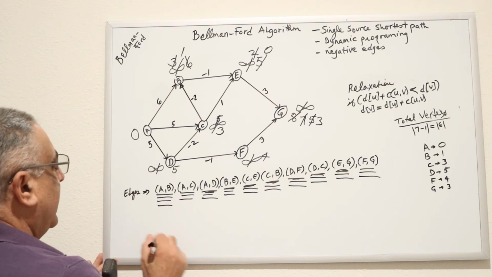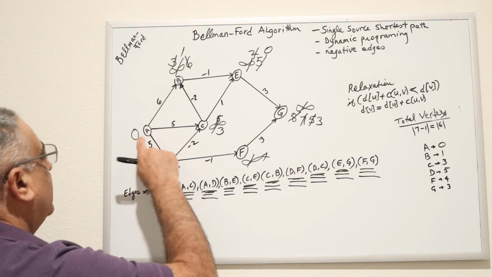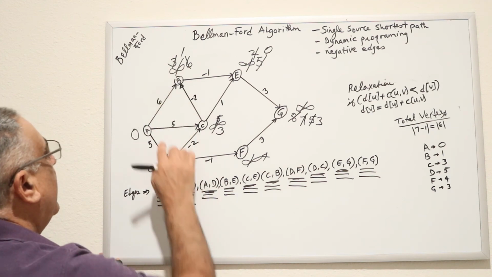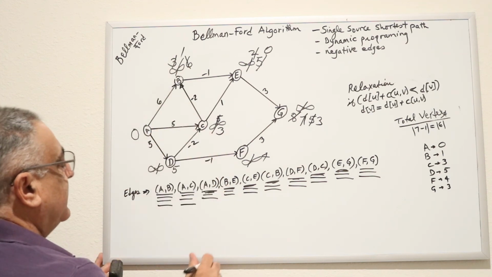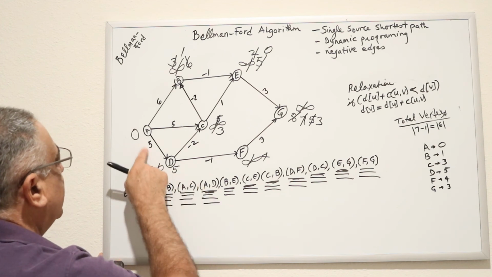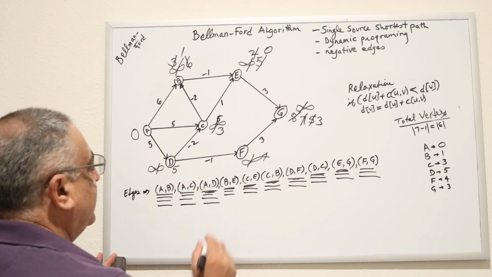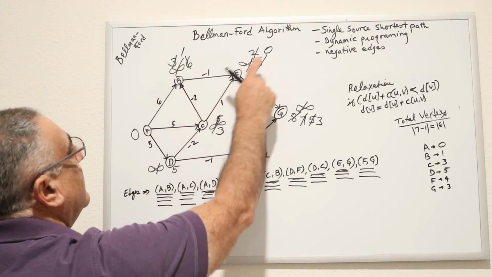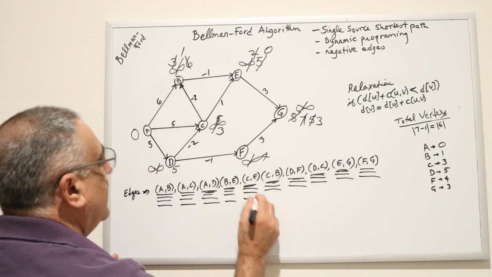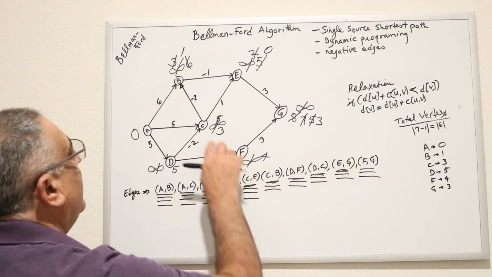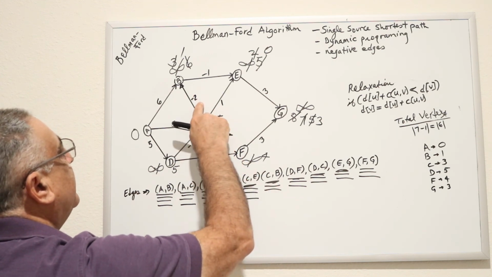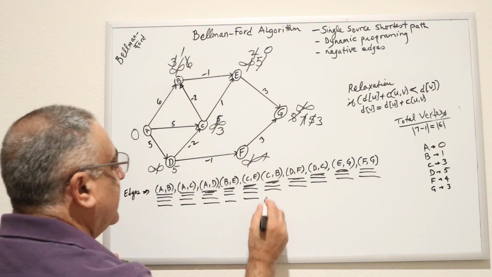Number 4, fourth time. Okay, so A to B, 0 plus 6, doesn't change. A to C, 0 plus 5, doesn't change. A to D, 0 plus 5, that's a 5, doesn't change. B to E, 1 plus negative 1, 0, doesn't change. C to B, 3 plus negative 2, that's a 1, doesn't change.